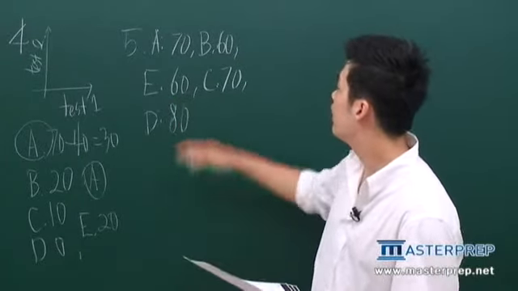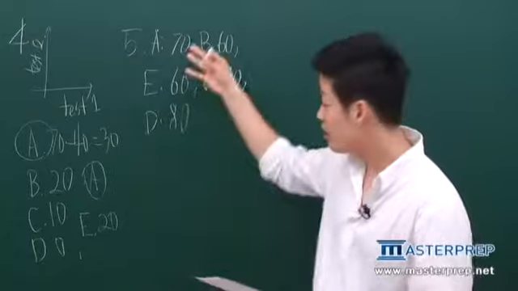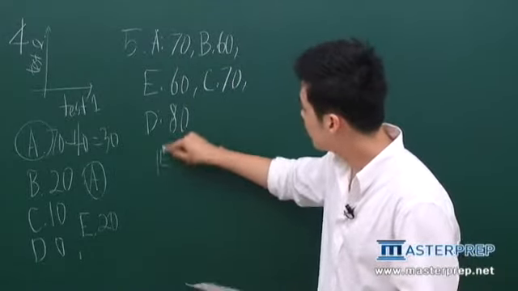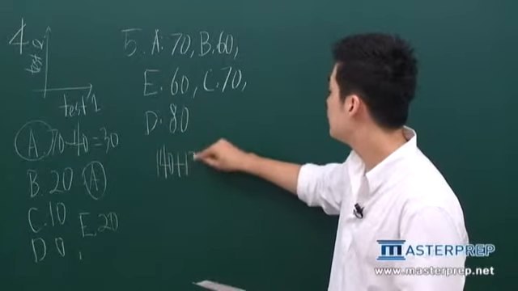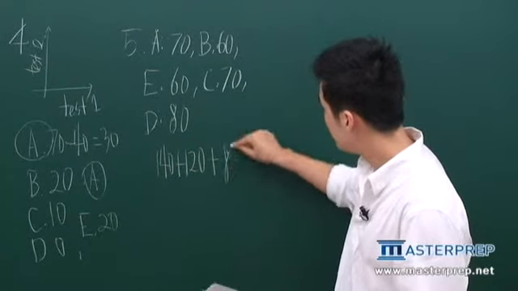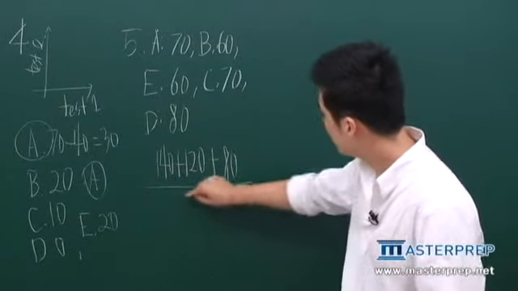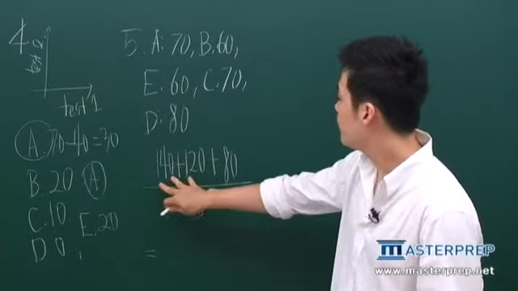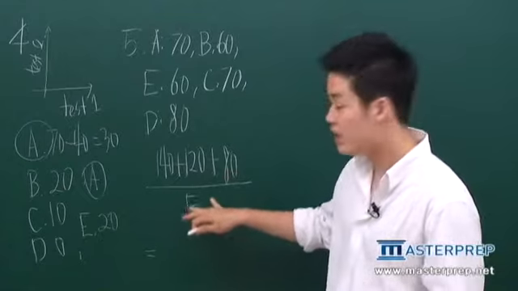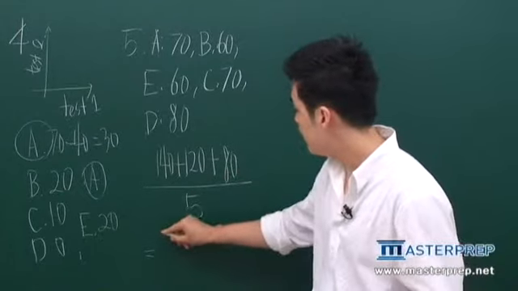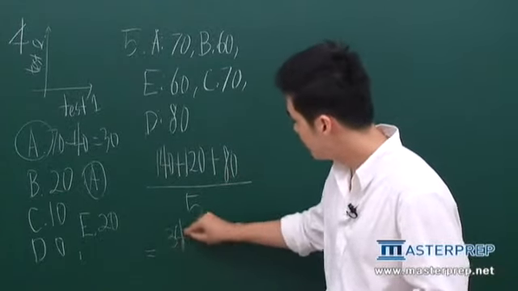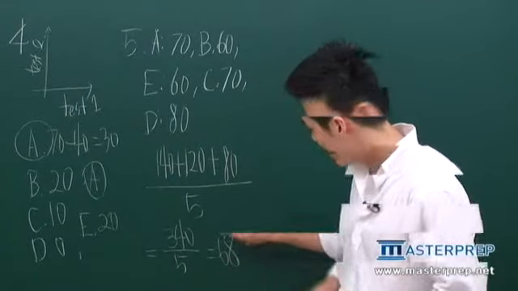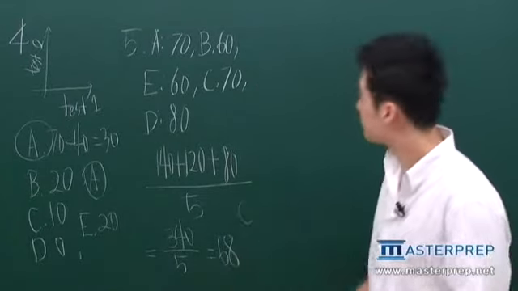Adding the elements and dividing by the number of elements, which is 5, we get 340 over 5, which is equal to 68. So the answer is C.